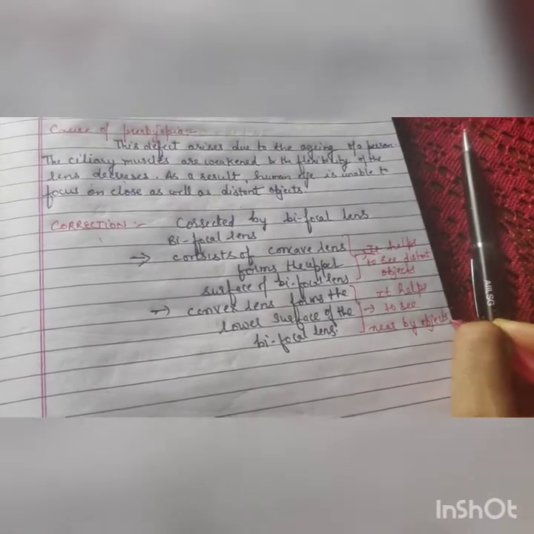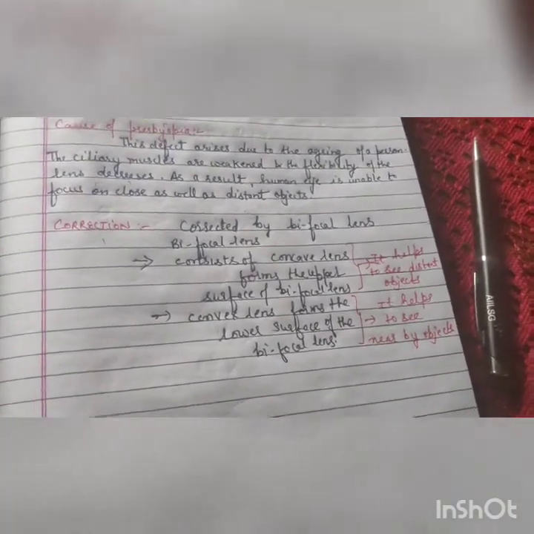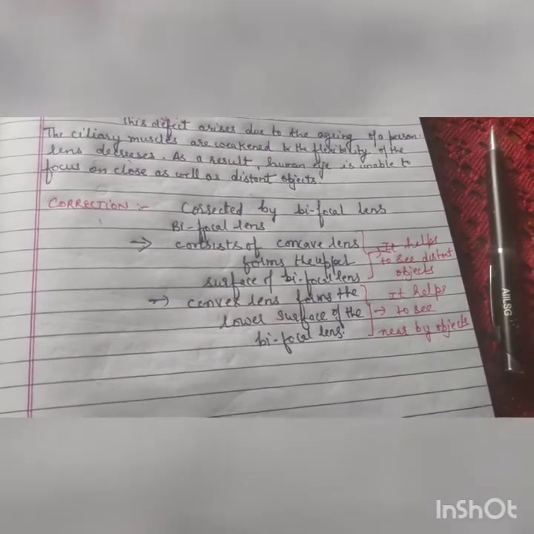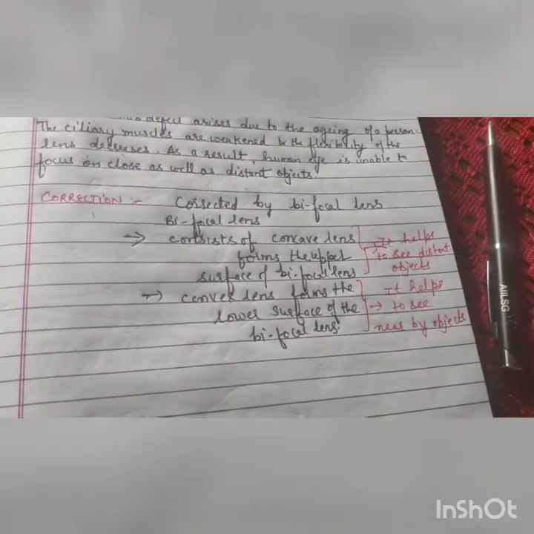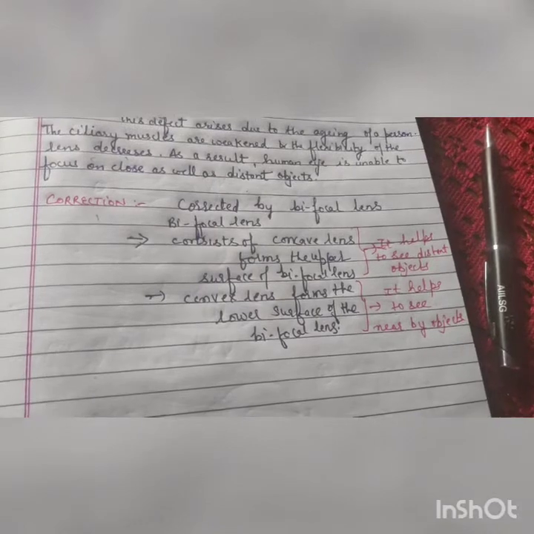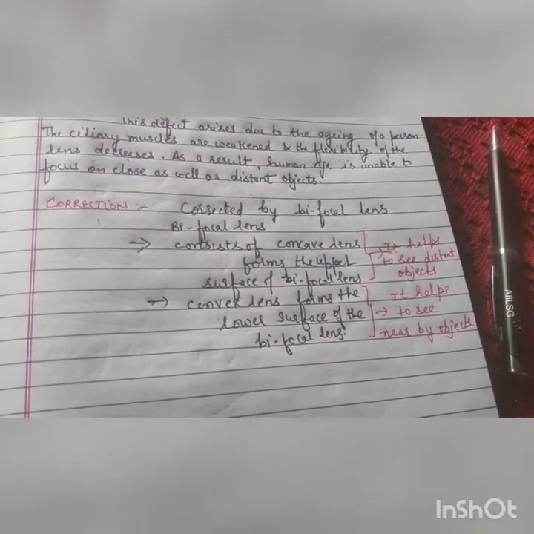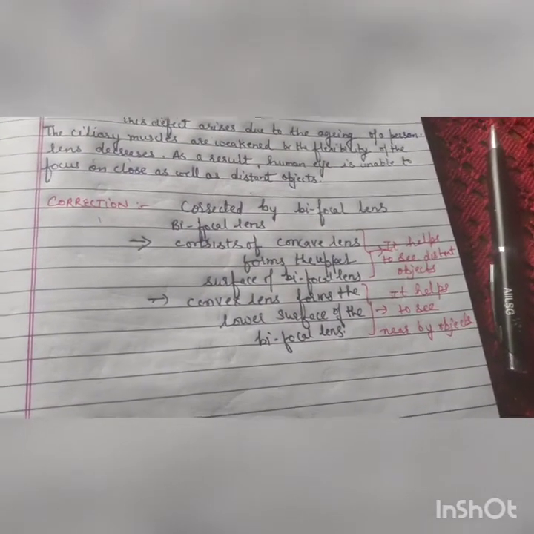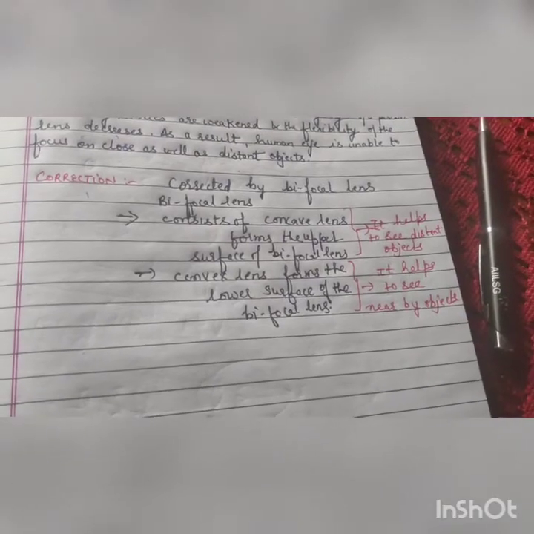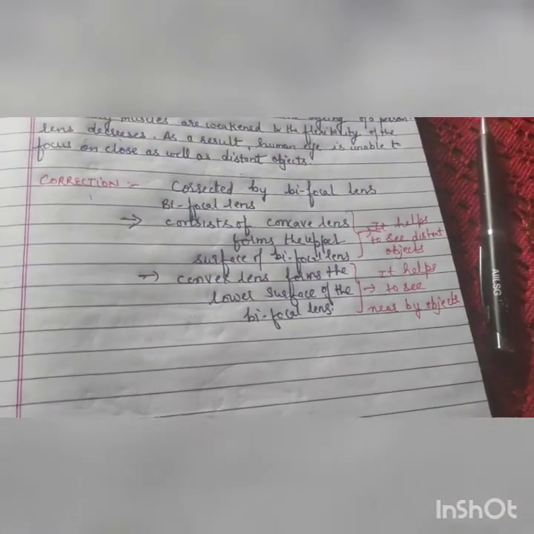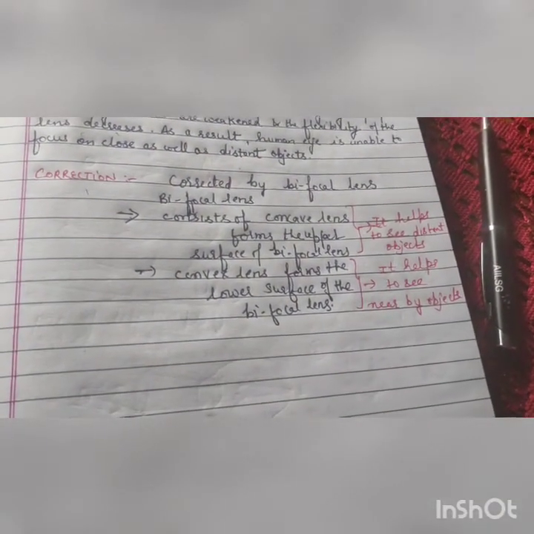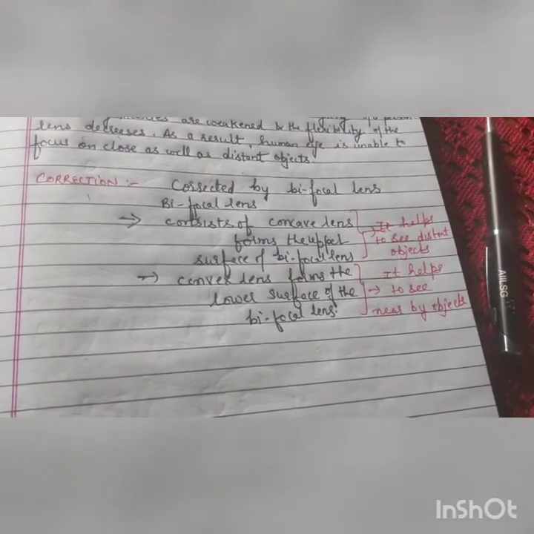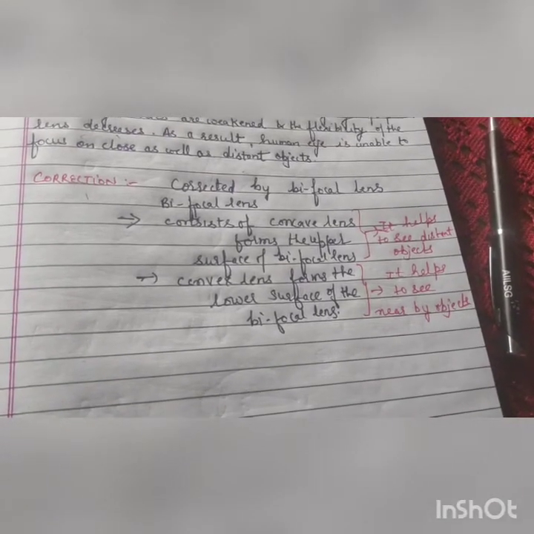So let's talk in a general way. Now suppose your grandmother, I think my grandmother is suffering from this disease. तो अगर मैंने कभी उनका चश्मा उठा के देखा, pair of spectacles उठा के देखे, then I observe कि the lens जो चश्मा पहनते हैं, that is being divided into two parts.